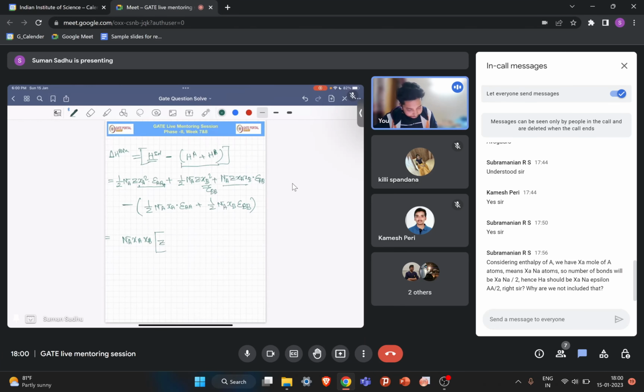It will be Z into epsilon AB minus, plus, this part will be Z into XA by XB.